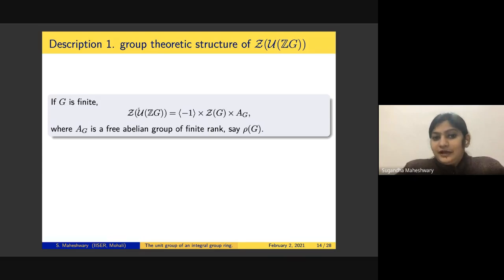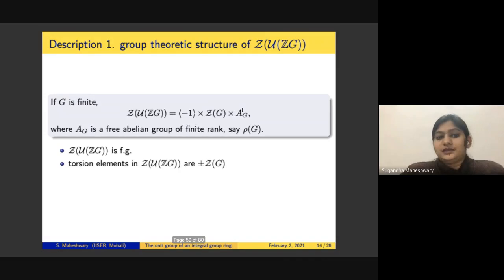So we have that the torsion units belong to the center of the group, and the remaining part, the torsion-free part, is a free abelian group. The rank of it and the generators of it are the most important things that one likes to study when you want to understand the center of the unit group, right? That it is finitely generated is known to us, and the torsion elements are central elements of the group.